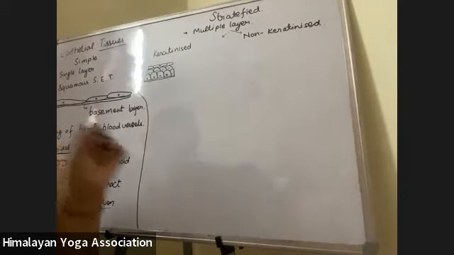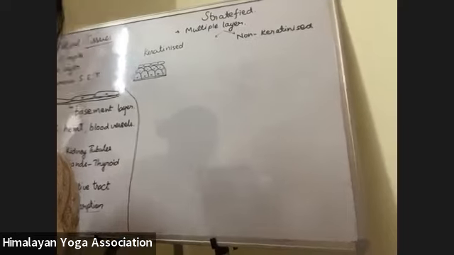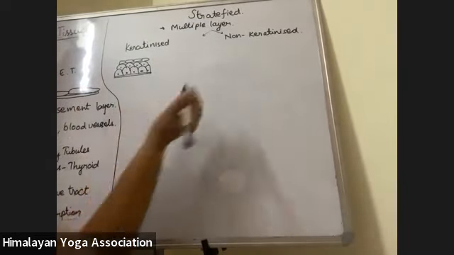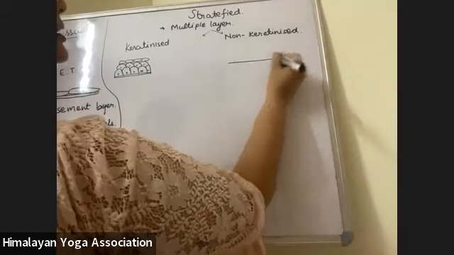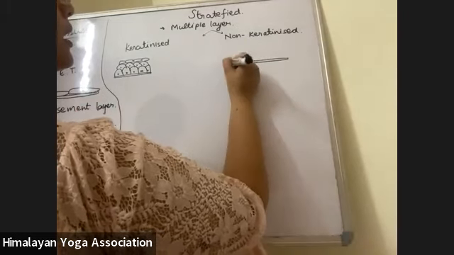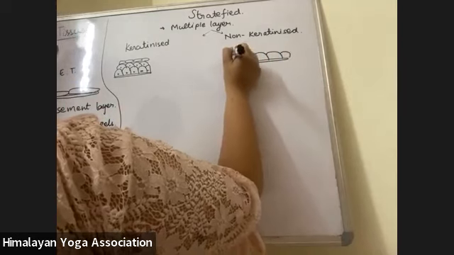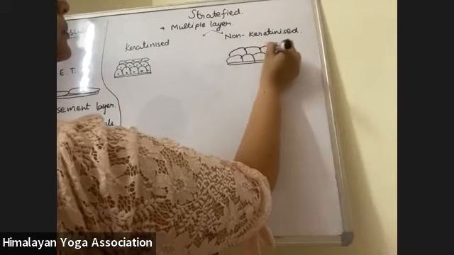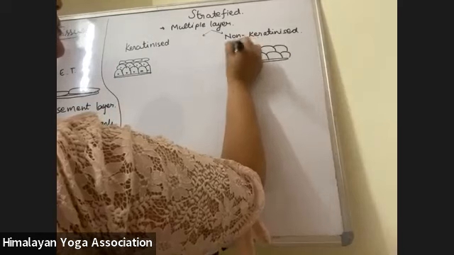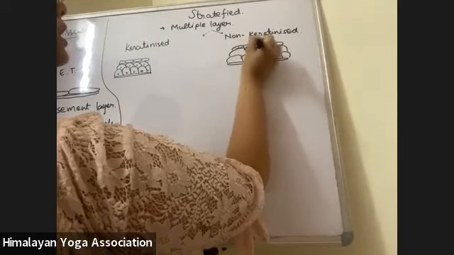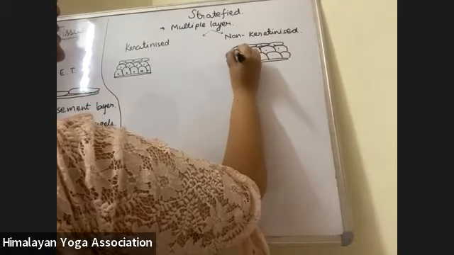It will have keratin, a lot of keratin present. Then in non-keratinized, this is the basement layer, and all of them will have a nucleus.